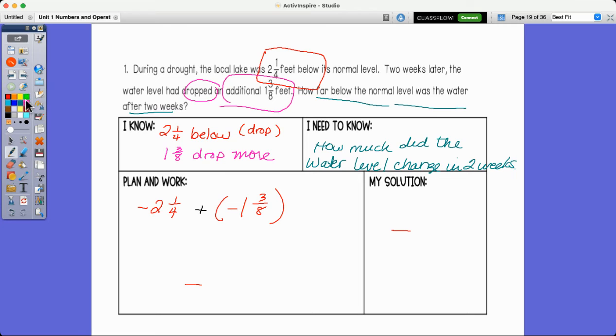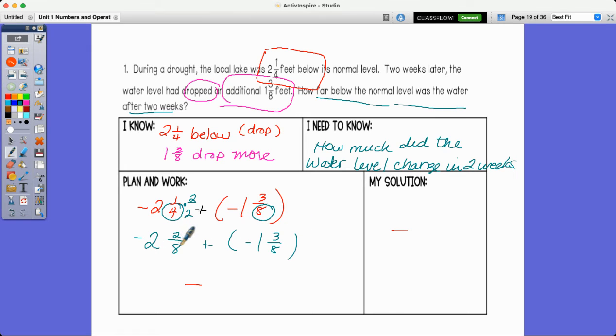Now, I do not have like denominators, and we have been working on this. I have a 4 and an 8. You can go ahead and use your multiplication chart, whatever you need to do to find those. I hope you all look at this 4 and go, hey, 4 goes into 8, so I need to multiply this by 2 over 2. This gives me negative 2 and 2/8 plus negative 1 and 3/8.